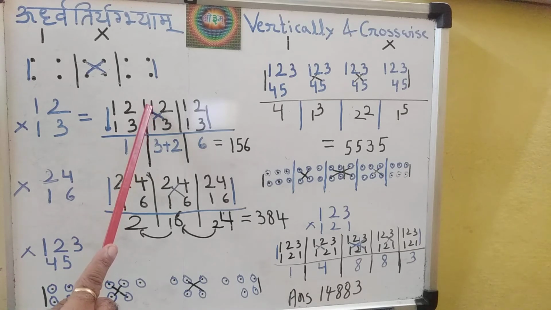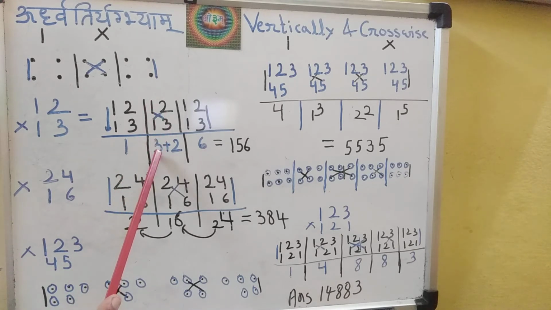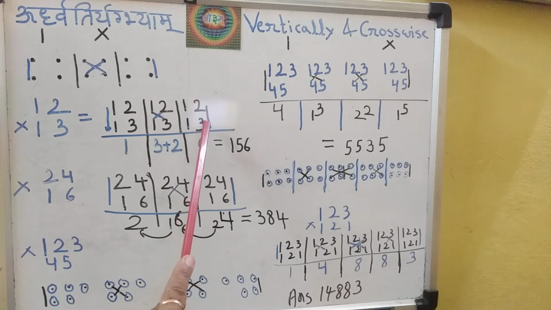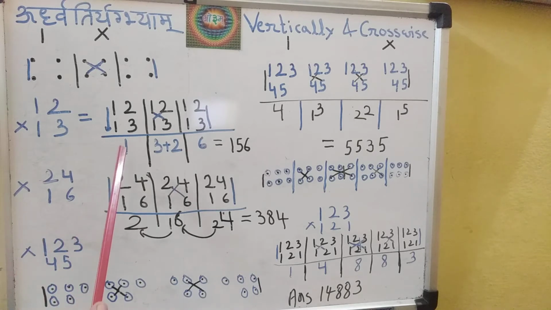Then crosswise, 1 into 3 is 3 and 2 into 1 is 2. These partial products 3 and 2 are added. And in the third step we multiply ones place digits vertically. 2 into 3 is 6. On combining these 3 parts we get 156 as the answer.